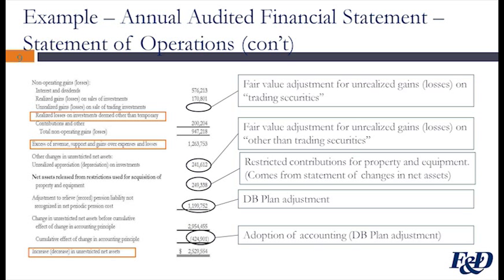So a healthcare entity is in operation to provide services to patients, provide medical services, provide lab services, provide therapy services to patients. They're not in operation to invest in the stock market or go out and find contributions. So those are things that are peripheral to the organization.